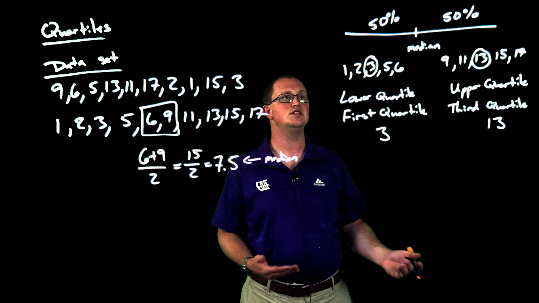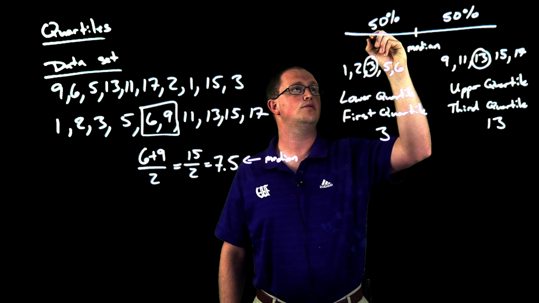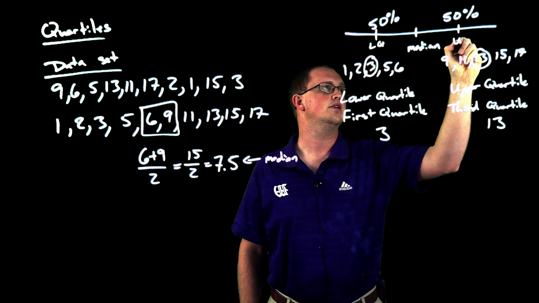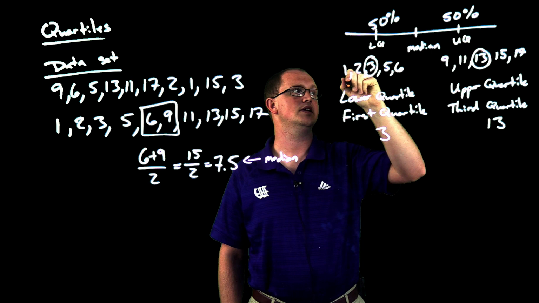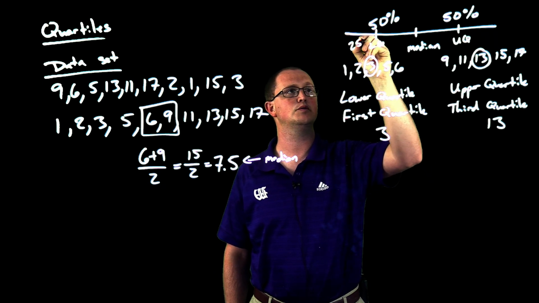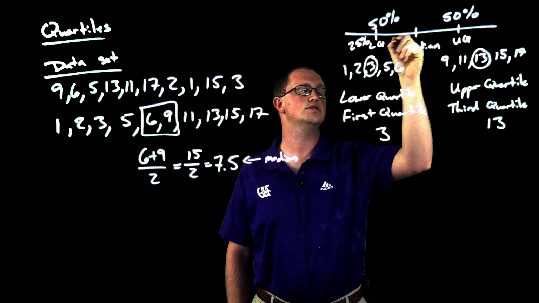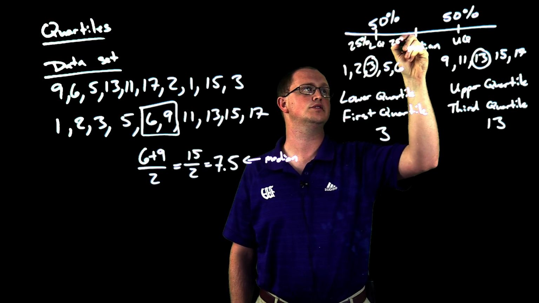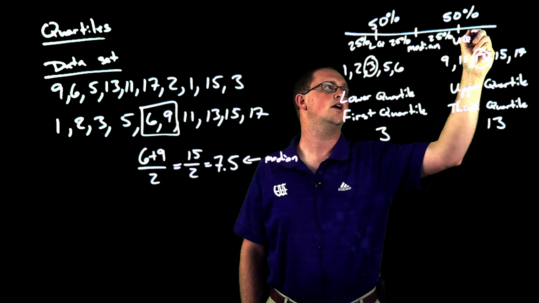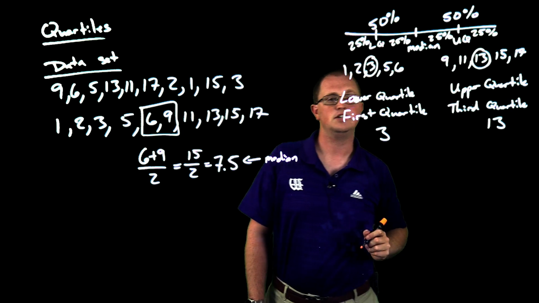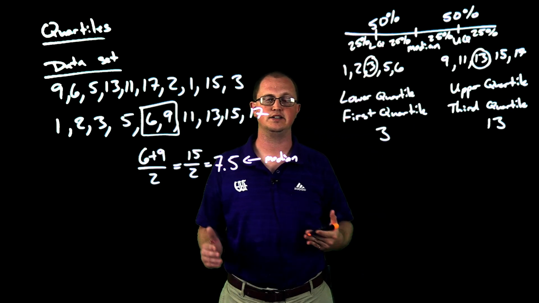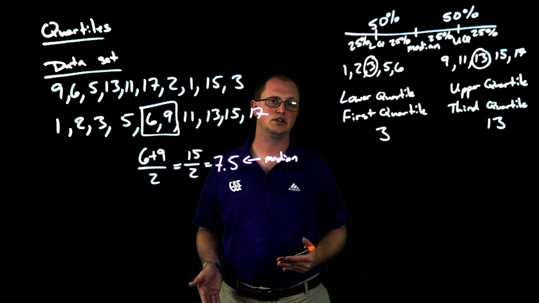And so what these values do is, if we then put in the lower quartile and the upper quartile, we've now split our data set into the bottom 25%, the lower middle 25%, the upper middle 25%, and the top 25%. So between the median and the upper and lower quartile, we've broken our data into 25% chunks.